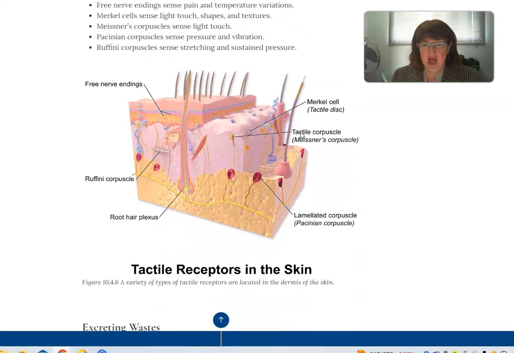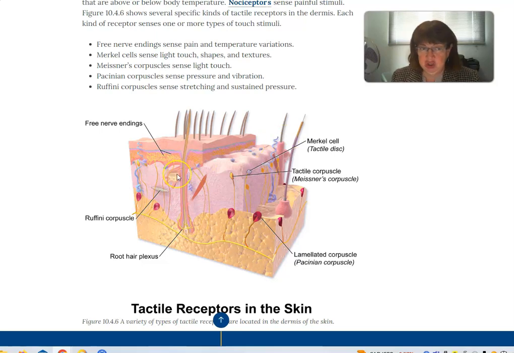And also in your dermal layer is where you find your sense, pressure, and vibration receptors. So you've got your lamellated corpuscles. Those are pressure ones. Then you've got your Meissner, which is a tactile one. Then you have another stretch receptor here.